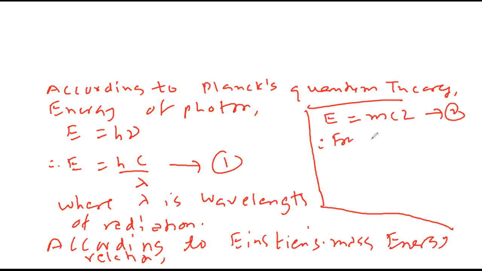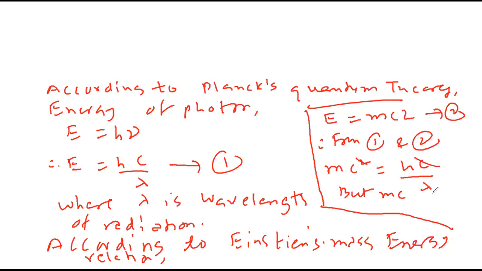Therefore, from 1 and 2, mc square equals hc by lambda. One c can cancel. But m into c equals p, the linear momentum. Just write this.